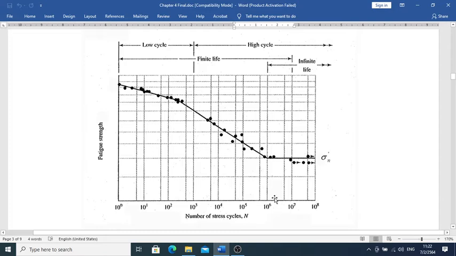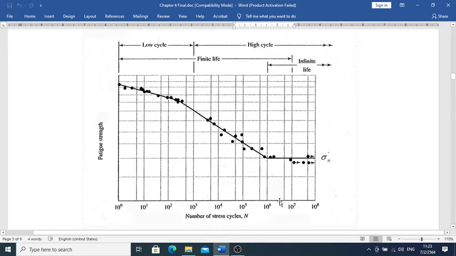But you may notice we have some overlap between finite and infinite life, between 10 to the 6 and 10 to the 7. There is some controversy between 10 to the 6 and 10 to the 7, between the ISO and the German DIN, and sometimes between infinite life and finite life.